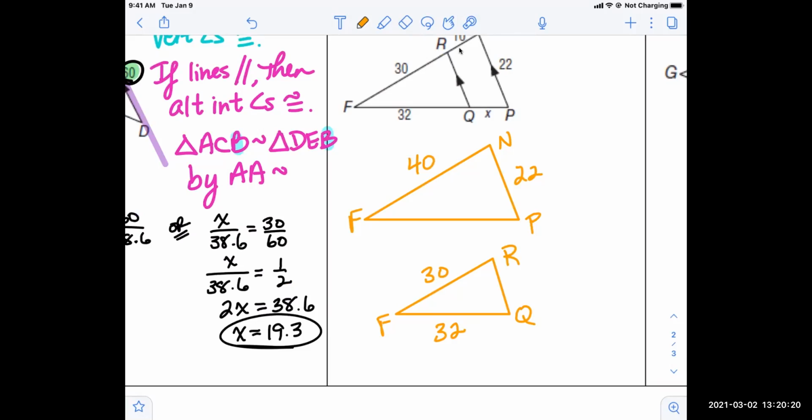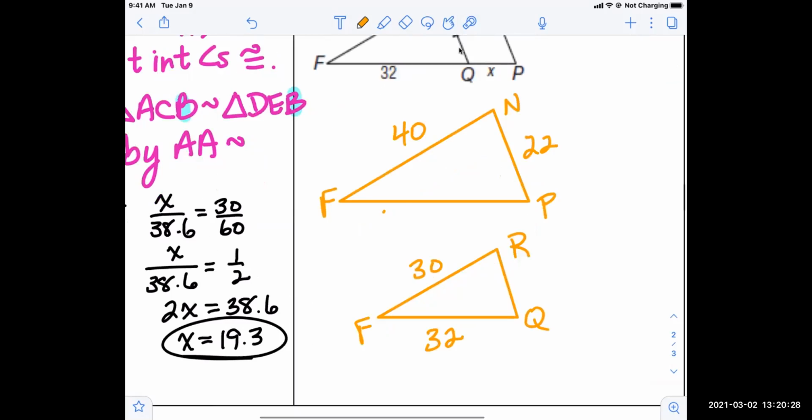Okay, Kara, what's the length of side FP? 32 plus X. Okay, so make sure we get a plus in there and don't make that 32X. So 32 plus X.